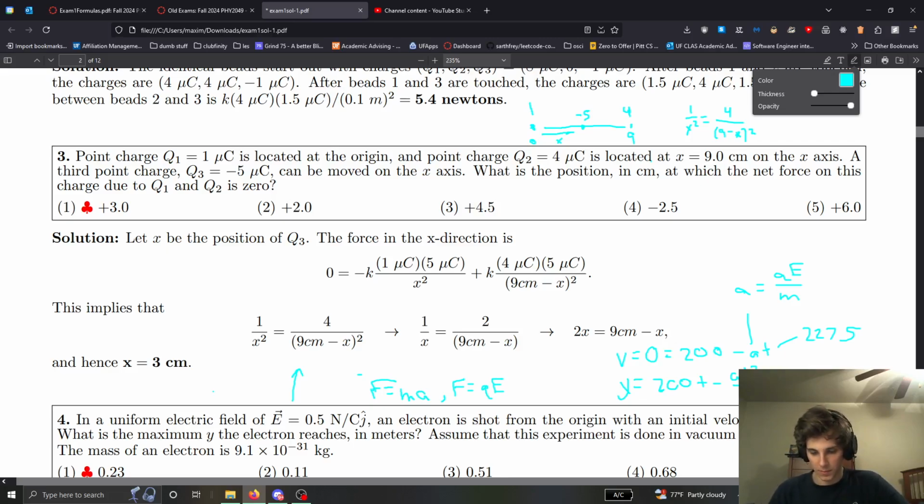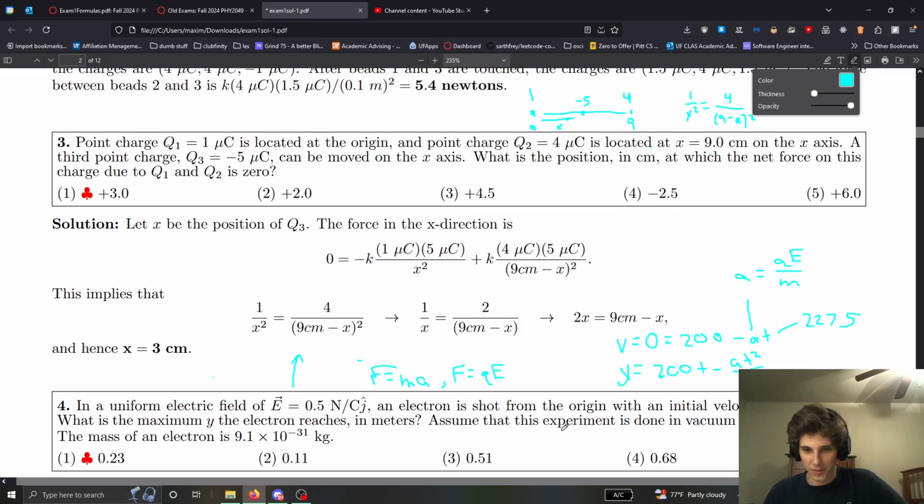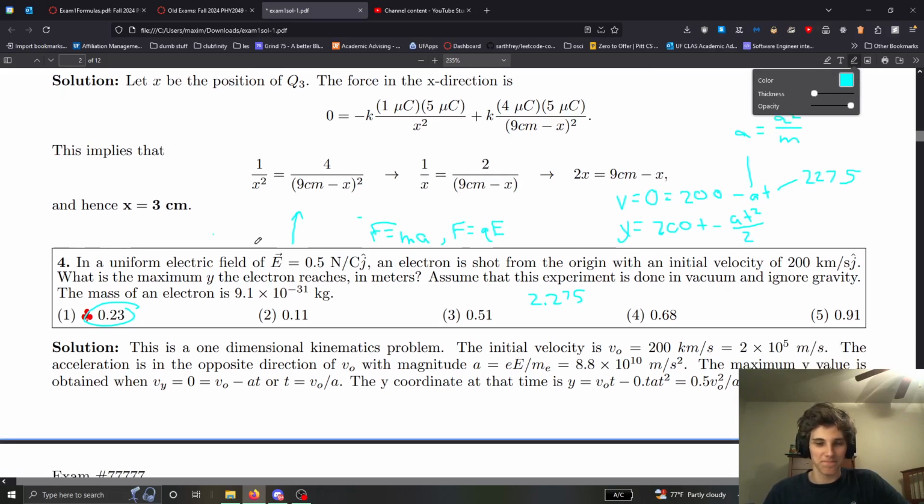Let me do the math here. Minus... I got a very large number, 2.275 million. For the purposes of the question, 0.23 will work just fine.